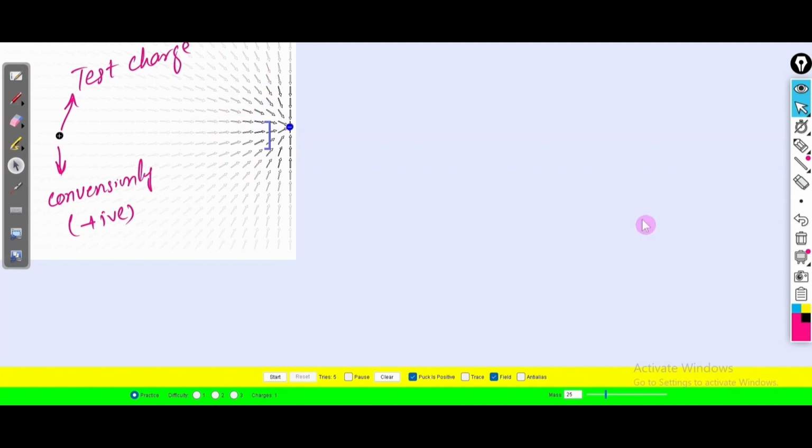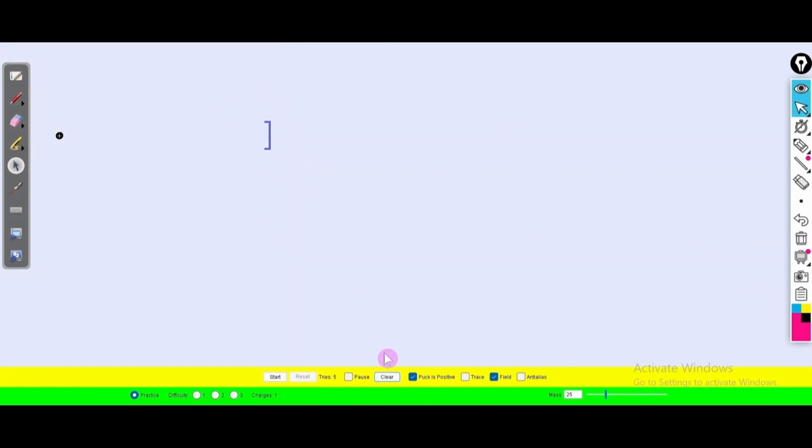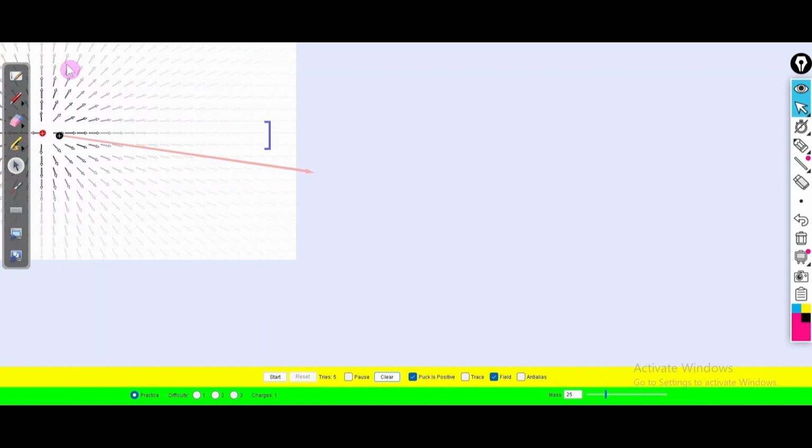In the same way, I am going to restart this and bring the positive charge from this box to here. A large number of electric field lines originate from this positive charge and are directed outward from it, and this positive test charge comes into the region of this positive charge.